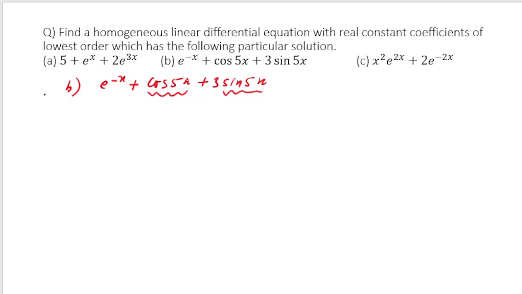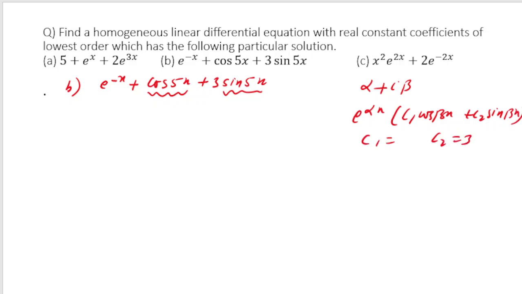If the roots are like alpha plus minus i beta, you write the solution like e to the power alpha x and c1 cos beta x plus c2 sin beta x. So if you look at this part, here you can see that c2 is coming to be 3, c1 is coming to be 1, right?